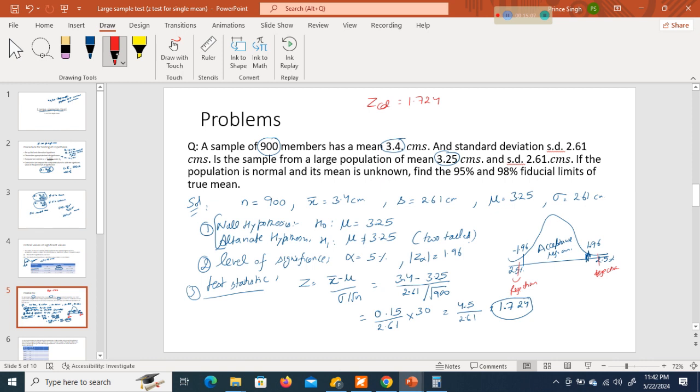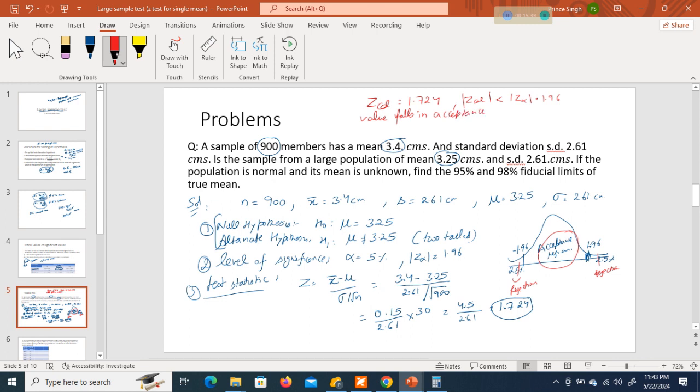So clearly 1.724 falls within the acceptance region, because this value is slightly smaller than 1.96 but greater than minus 1.96. Because Z calculated is less than mod of Z alpha, that is 1.96, the value falls in the acceptance region.